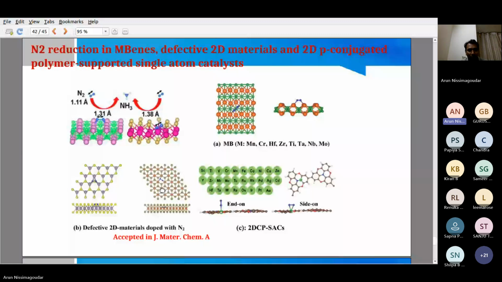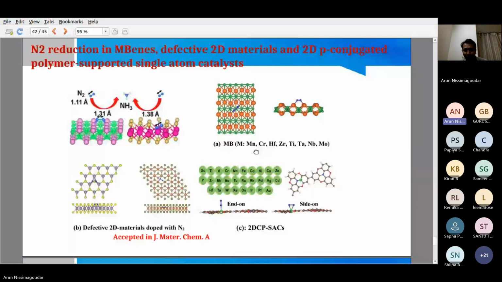So you can see that to do these things, we looked at what types of two-dimensional materials are good, and we focused on other types of 2D materials, that is, TMDs, transition metal chalcogenides, and another two-dimensional material called MBenes.